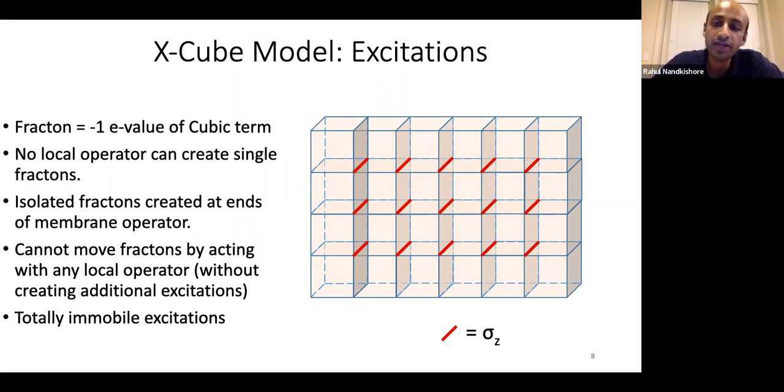The only way to do that is to expand, contract, or otherwise deform this membrane, and that's a non-local operation. So these 4 unhappy cubes, formed at the 4 corners of this rectangular membrane operator, you can think of the single unhappy cube as the elementary excitation of the problem, and this elementary excitation is immobile under arbitrary local perturbations.